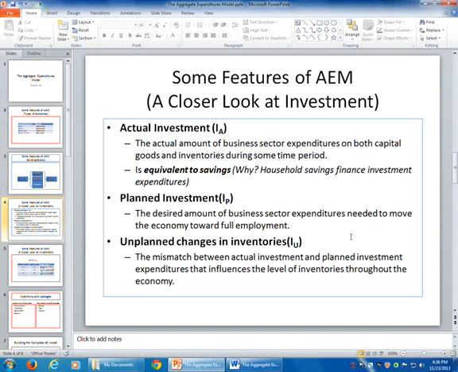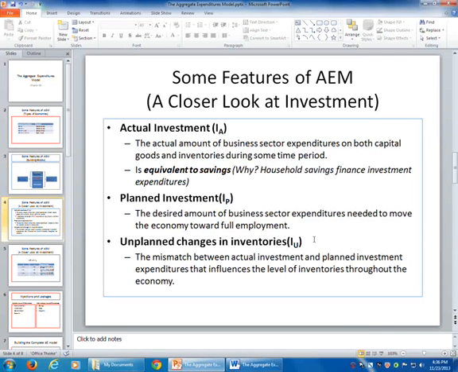Now, any mismatch between actual investment and planned investment will be reflected in changes in inventories. So there's another component of investment called unplanned changes in inventories, and it's simply tracking what happens to inventories in the economy when how much businesses spend differs from how much we want them to spend.